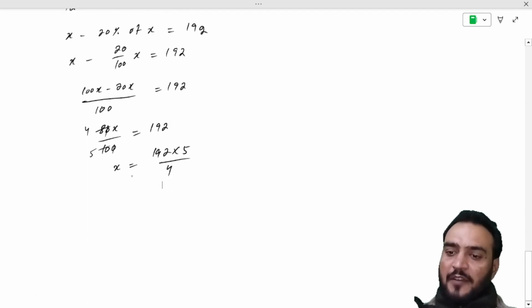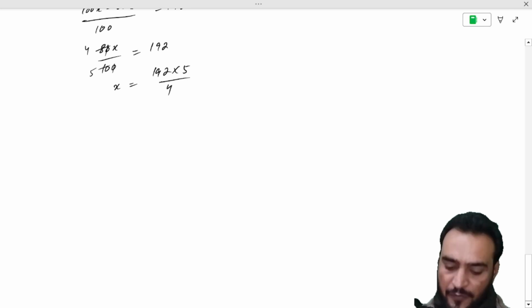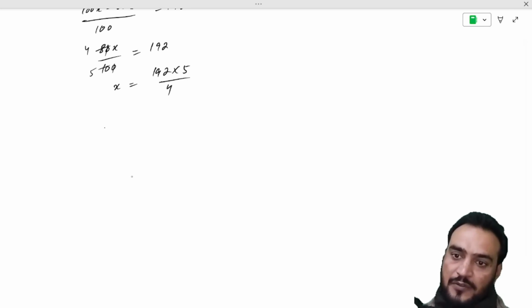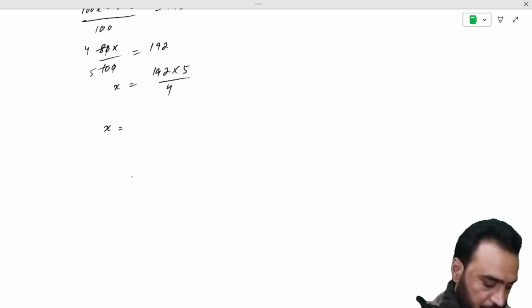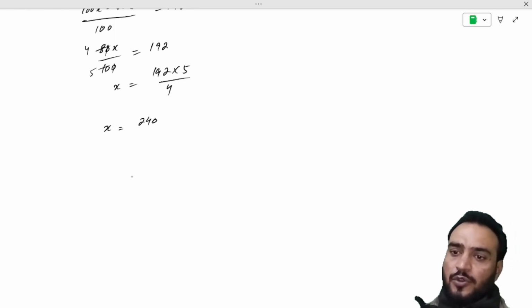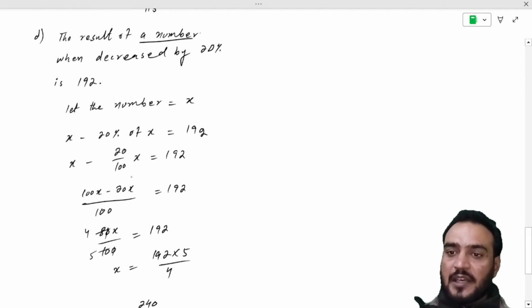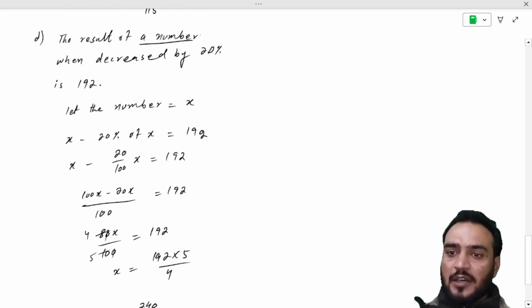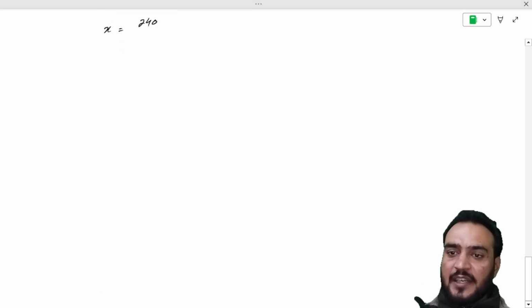Now if we multiply 192 by 5 and divide by 4, we get the final value of x, which is equal to 240. So 240 was the original value before it was decreased by 20%. Then the next number was 192. So this was the part D of question number 2.